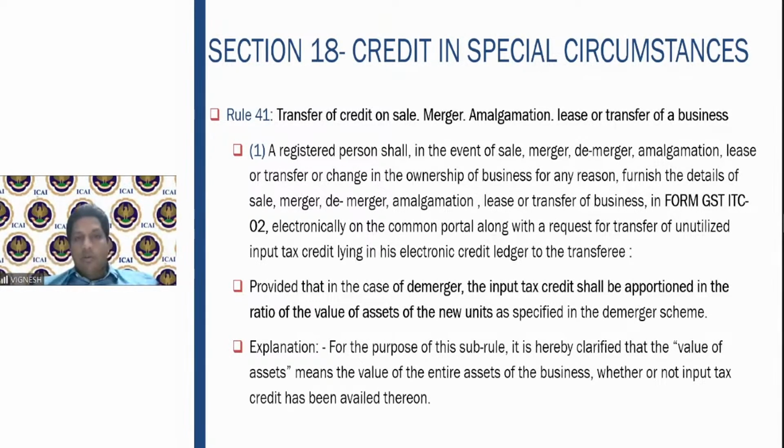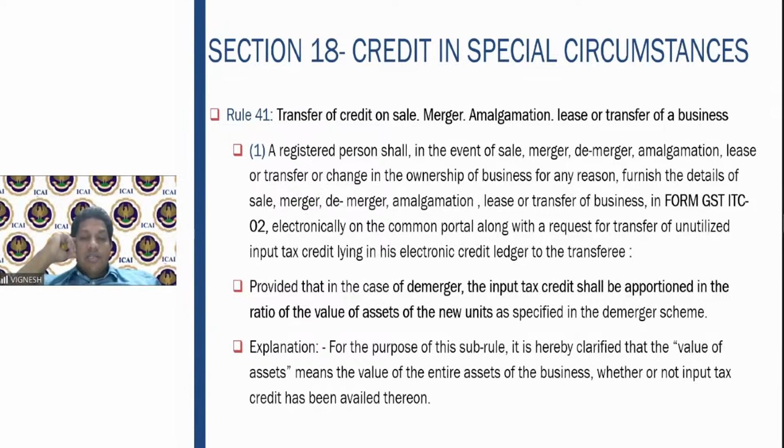The moment you merge or amalgamate, you become another person altogether, and you get a separate GST registration for that. So whatever unutilized credit is there, in this ITC 02 you have to give the details and transfer it to the new person.